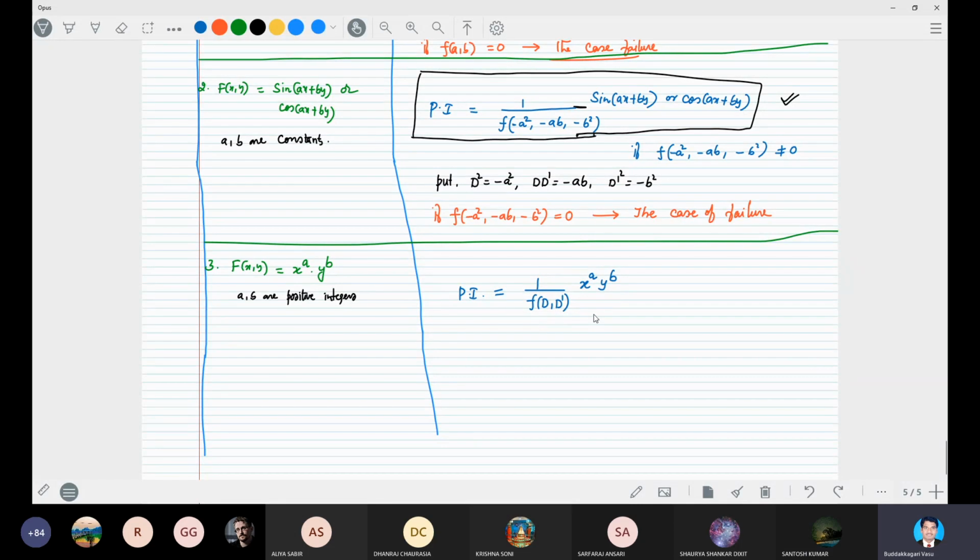You write it as f of D comma D dash whole power minus 1 into x power a y power b. Here the working rule is expand.